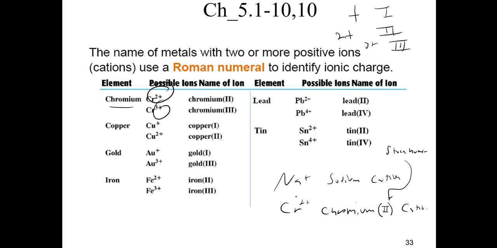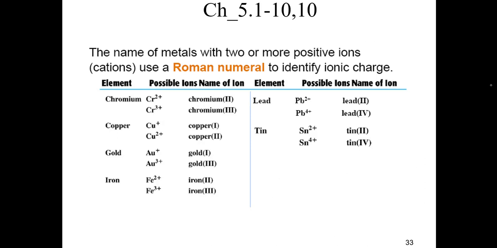So this is chromium(II) cation. And if this were a 3, as I try to modify it, then this would be a chromium(III) cation.